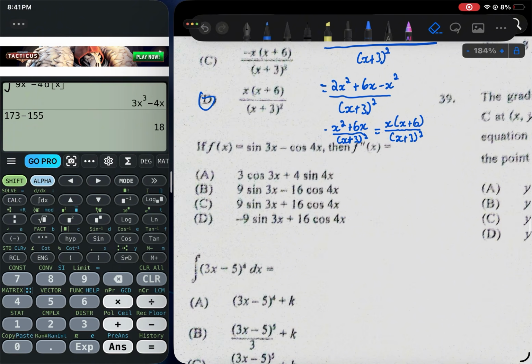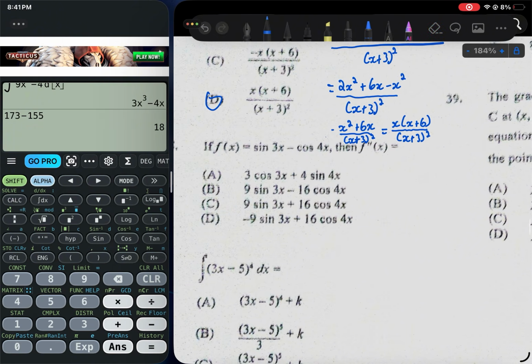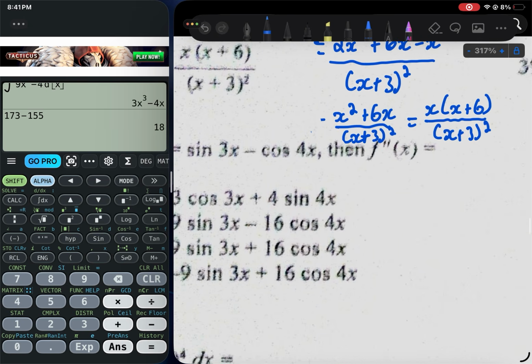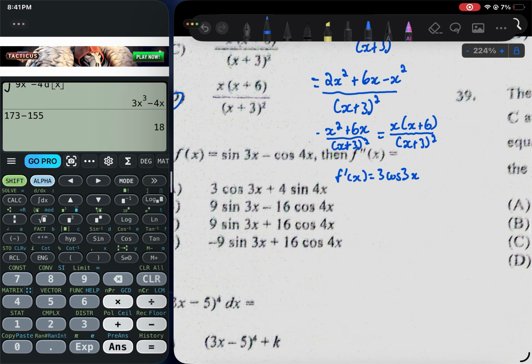If f of x is equal to sine 3x minus cosine 4x, then f double prime x is equal to, so first we need to find the first derivative. So f prime x is equal to 3 cosine 3x. And now the derivative of negative cosine 4x would give us 4 sine 4x. Now we find the second derivative.